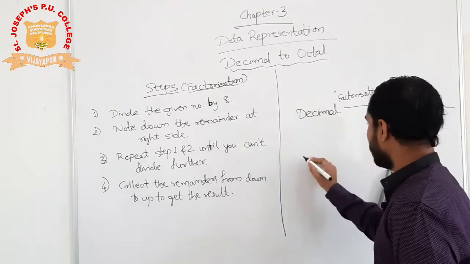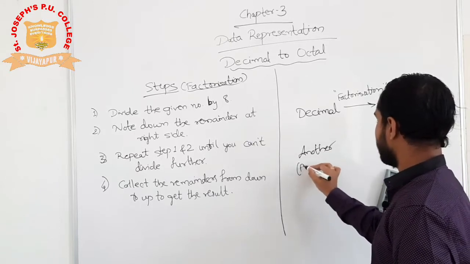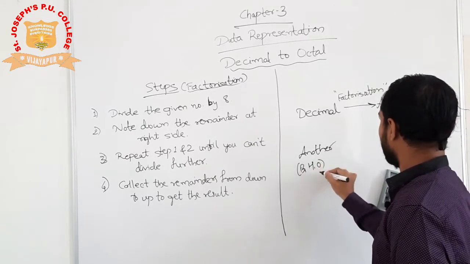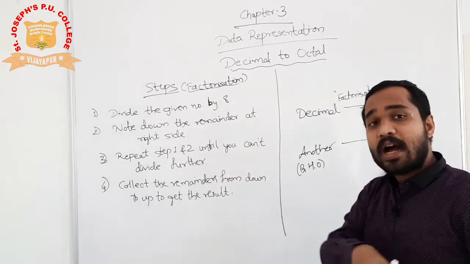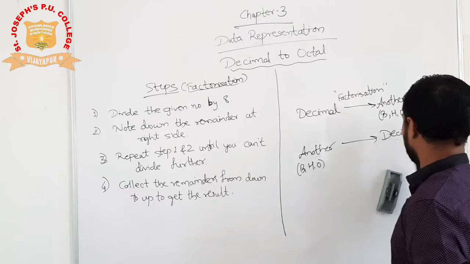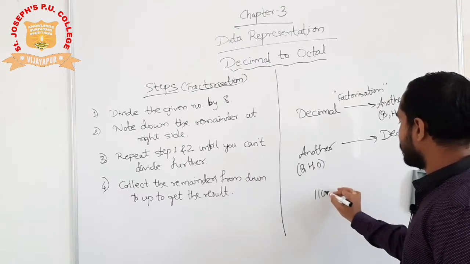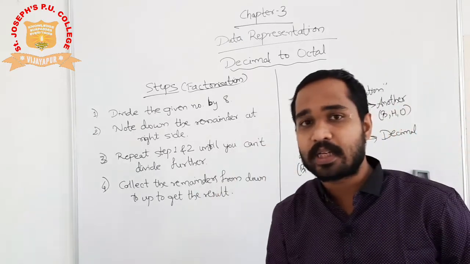Understood? Now if any other number system is given, say binary or hexadecimal or octal, and you are asked to convert it to decimal, then what to do? Say a binary number 1101 is given and I want to convert it into decimal. How did I do it?